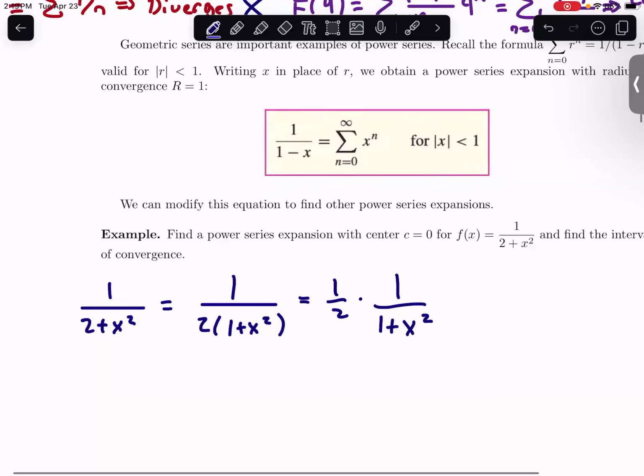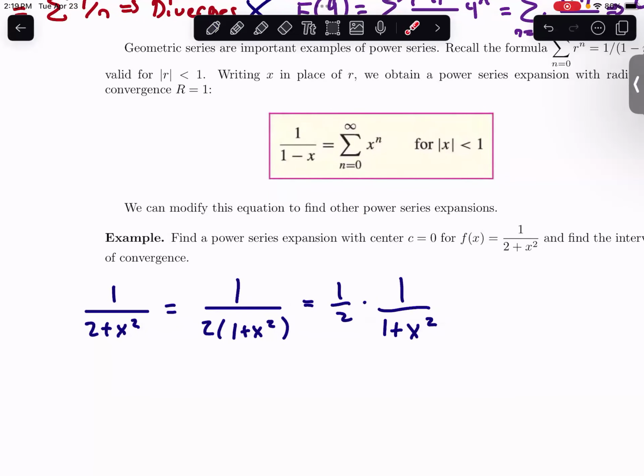And then what do we want to do from here? The next thing we can note is that when comparing 1 over 1 minus x with 1 over 1 plus x squared, we have a minus sign here and a plus sign here. So you can rewrite this in a clever way. Oh, I messed up.